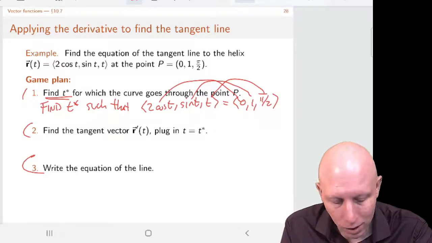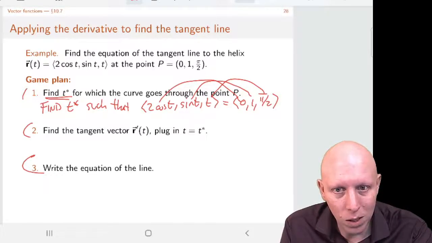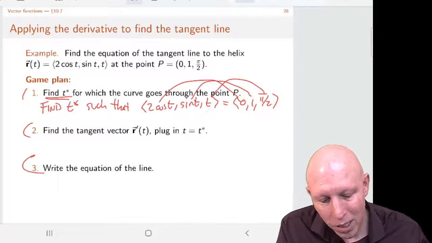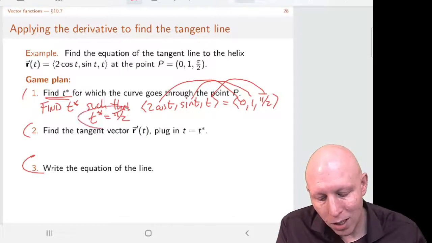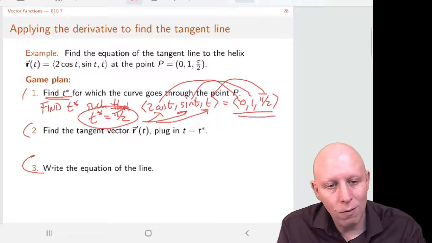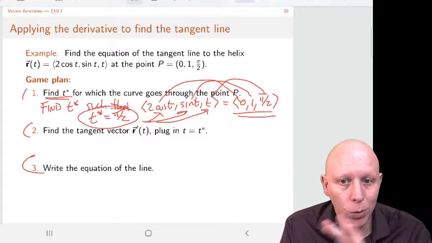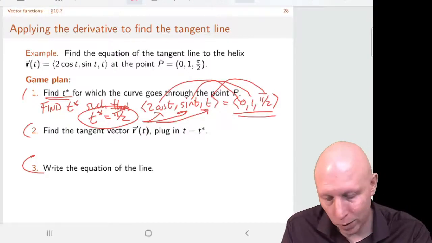That last equation is super simple to solve. What is t when t is equal to pi over 2? Well, t star here is pi over 2. If we plug this t value into each component, we get the correct vector. Good. We know that t star is pi over 2.